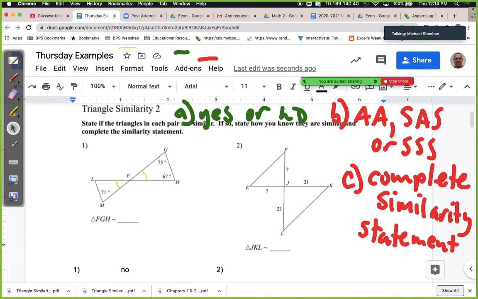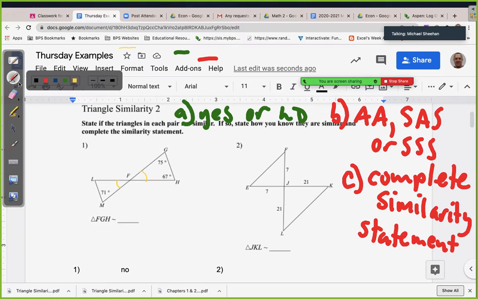All right, and let me know if I'm going too fast. Now I'm going to look at number two. Vertical angles again. This angle and this angle are the same. They're congruent. And look, I've got side angle side, side angle side. And these sides are definitely in the same proportion. 21 over 7 and 21 over 7, those are clearly equal to each other.